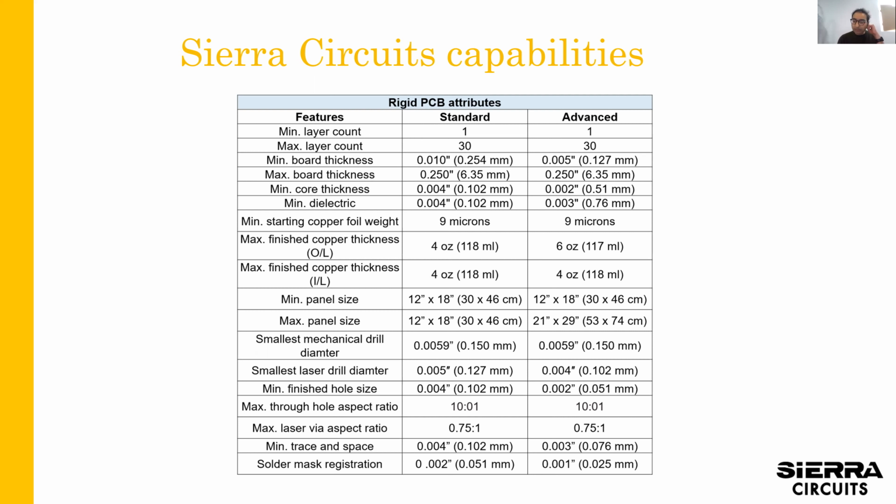As an example, we have a small drill bit of 5.9 mils. And it's not just that you can drill that hole with accuracy. In order to do that, you need a vision drill system.